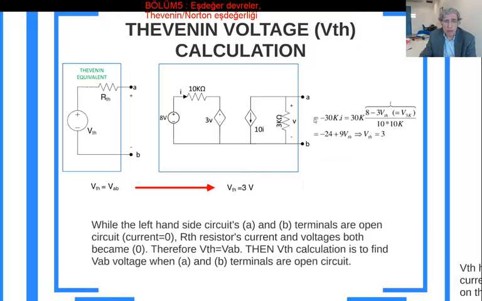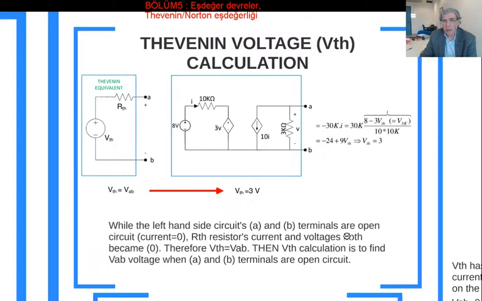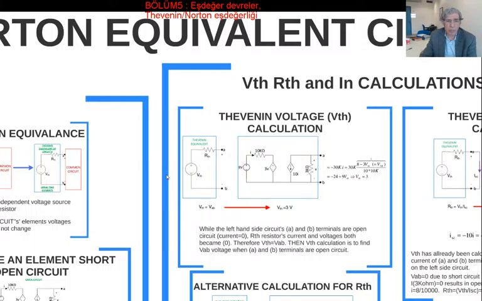So we found this voltage between terminals A and B when these terminals are open circuited. And we already said that this open circuit voltage is the same as VTH, so we have found VTH. So we have done one part of it.